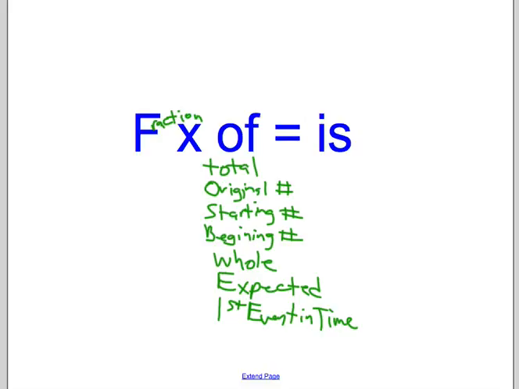Alright, the is the part or the result, and most importantly for items to remember, second event in time.